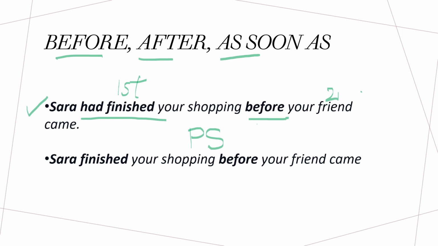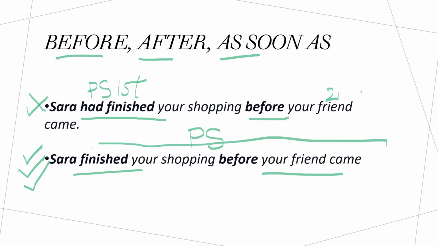It's preferable if we use past simple for both events. So in this case, the better choice would be if we say, Sarah finished your shopping before your friend came. So we would prefer this sentence, this one.